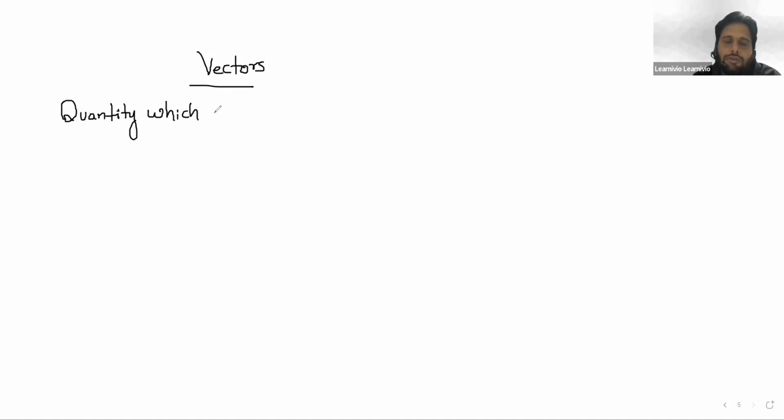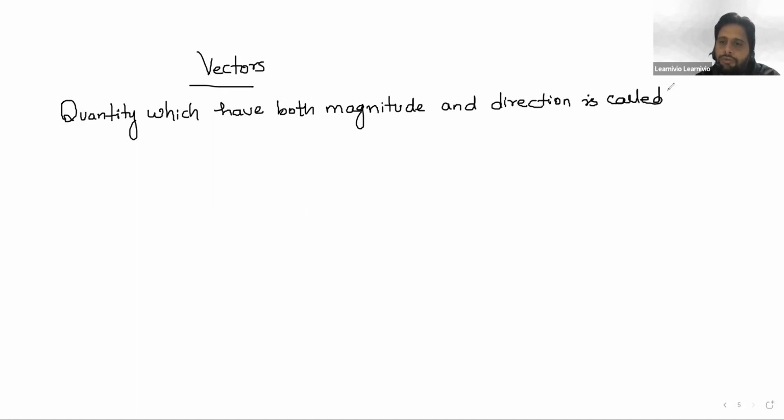What is a vector? A quantity which has both magnitude and direction is called a vector.